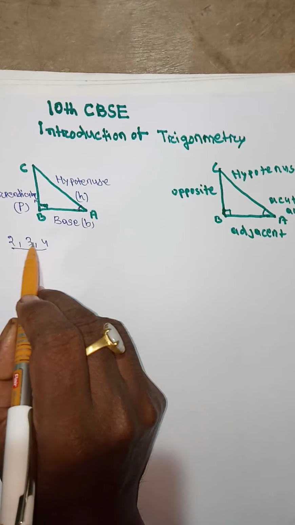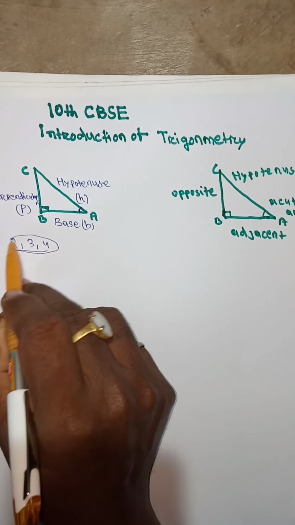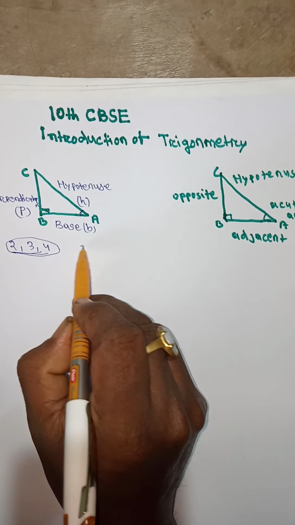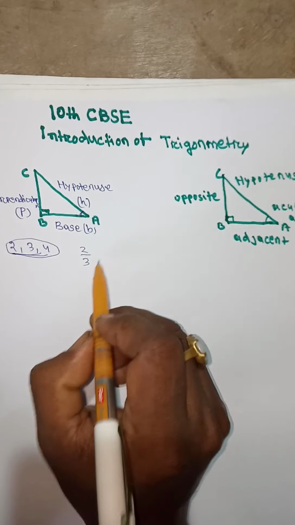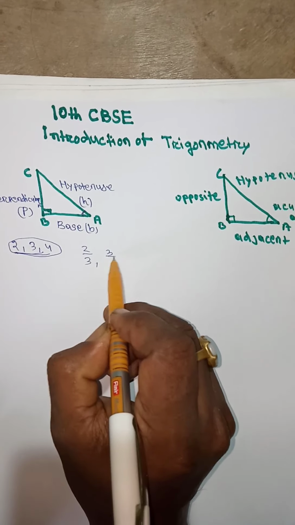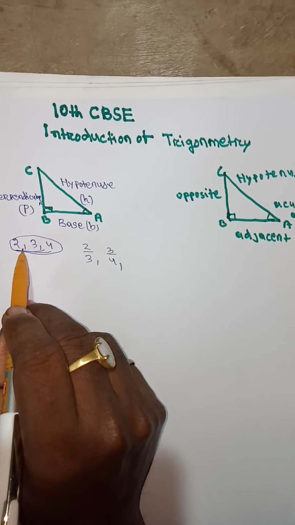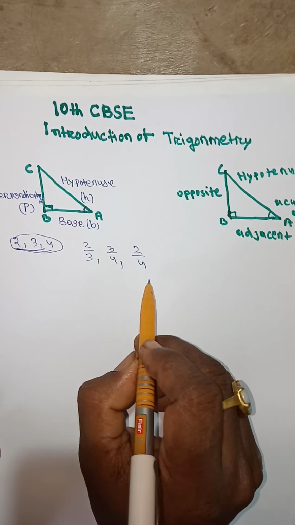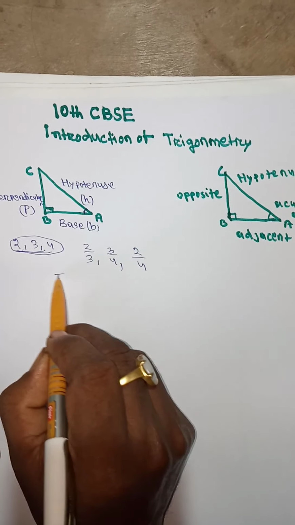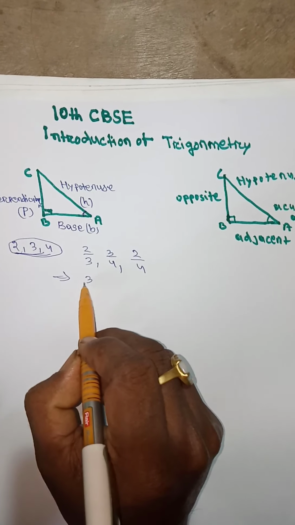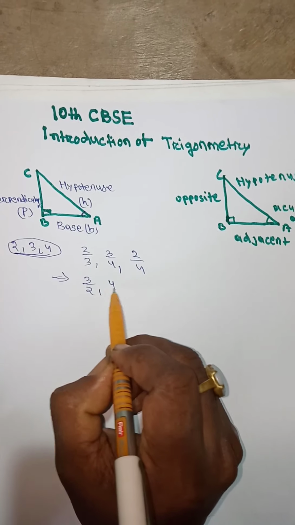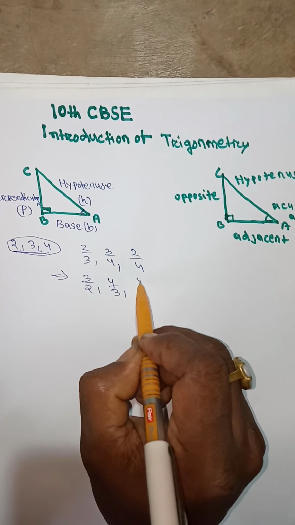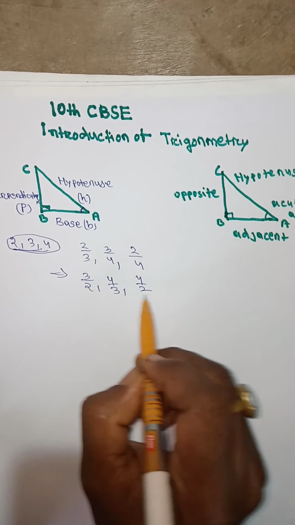So taking the three numbers 2, 3, 4, write different ratios: 2 by 3, 3 by 4, and 2 by 4. You can write three ratios like this. If you write the reciprocals of these, 3 by 2, 4 by 3 and 4 by 2, these are three more ratios.